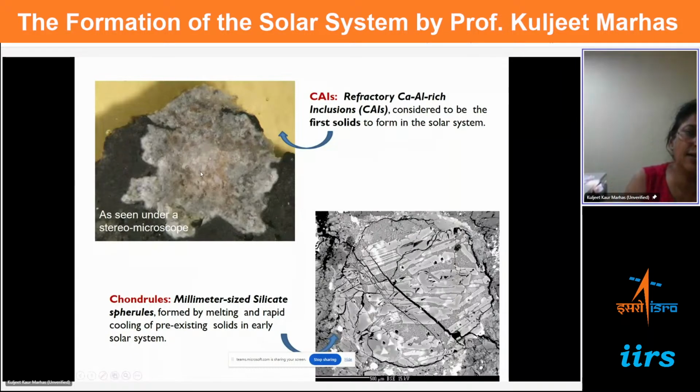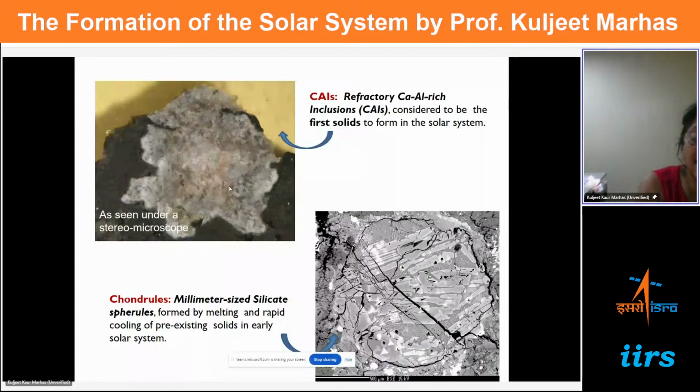So what people have done in lab, they have measured the CAI's chronology by uranium lead dating. Uranium lead dating uses long-lived radioisotopes, and you measure this to get the absolute dating. But aluminum magnesium is a short-lived radionuclide system, like what Devavrat was talking about.